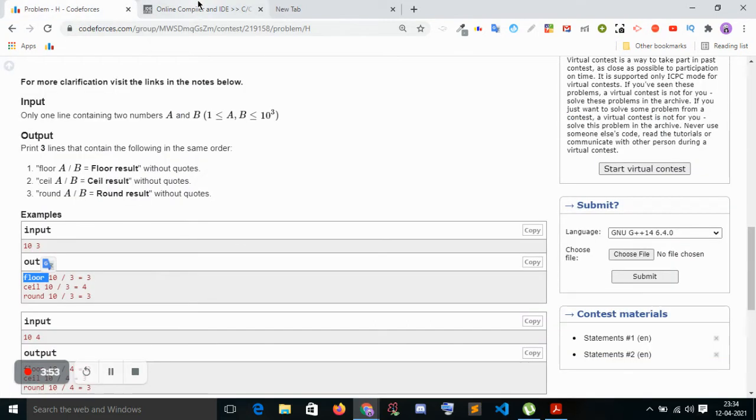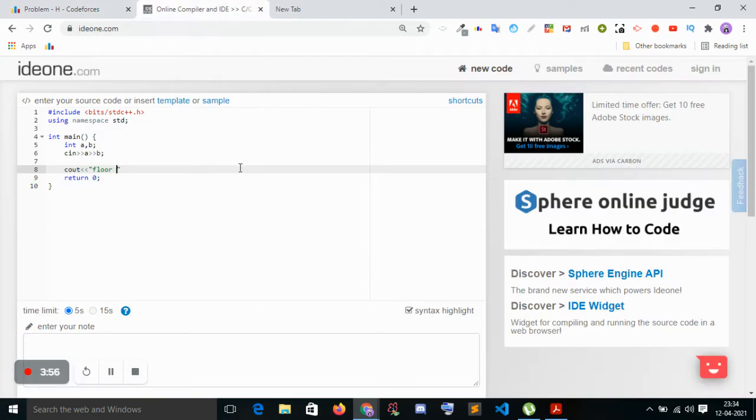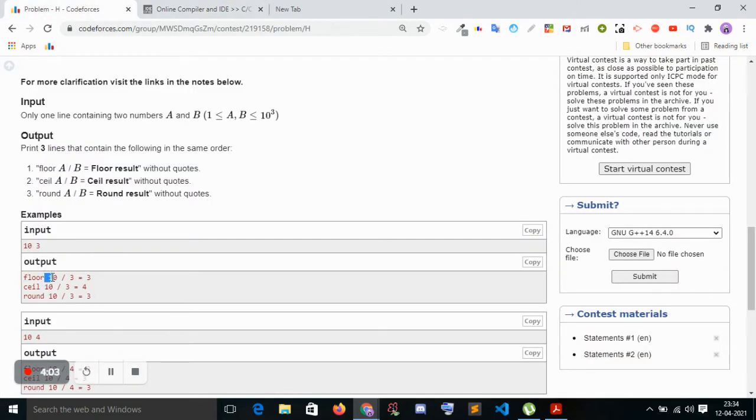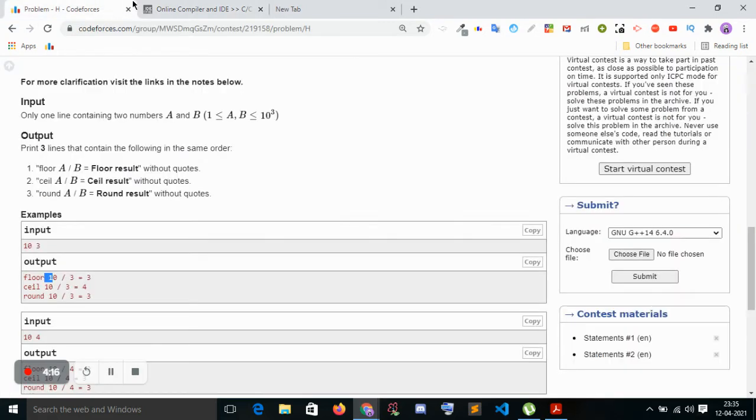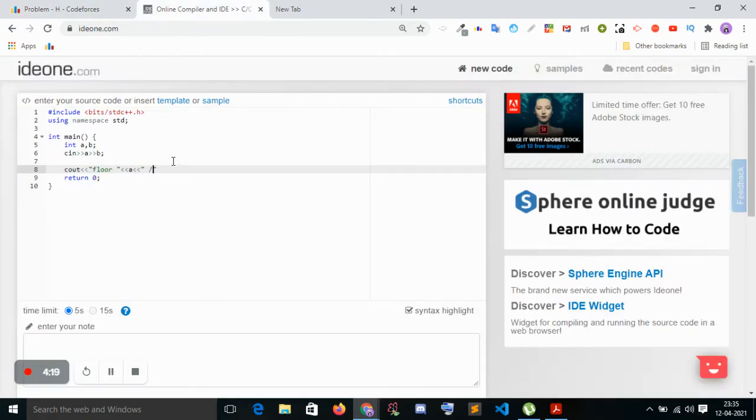So cout floor, then after floor we need a space, then A, again a space, then the divide sign, again a space, then B, again a space, then equal, and then the answer A by B, and again enter.